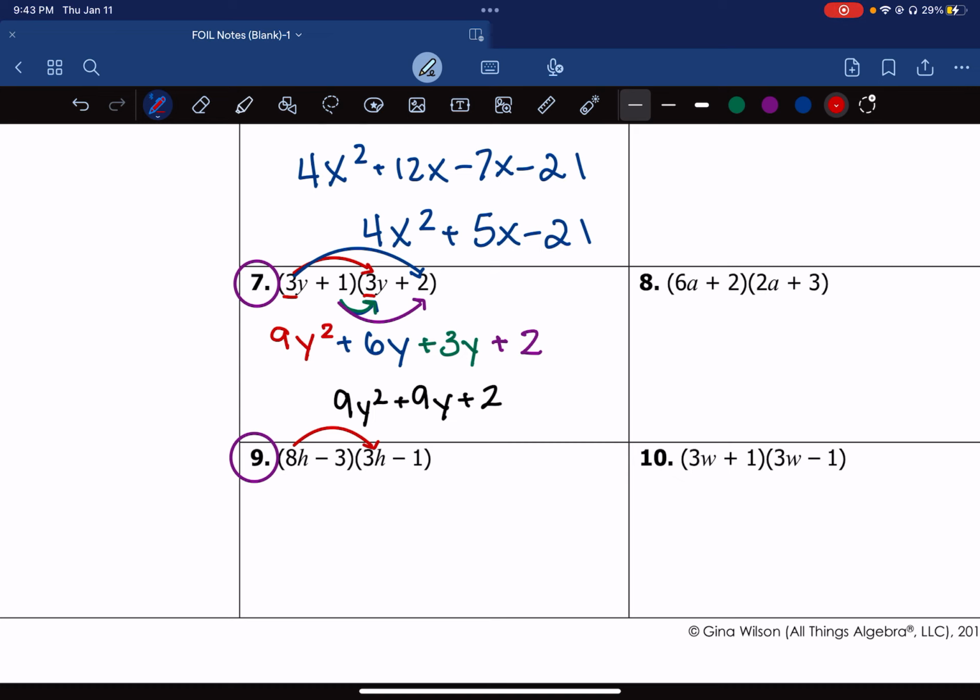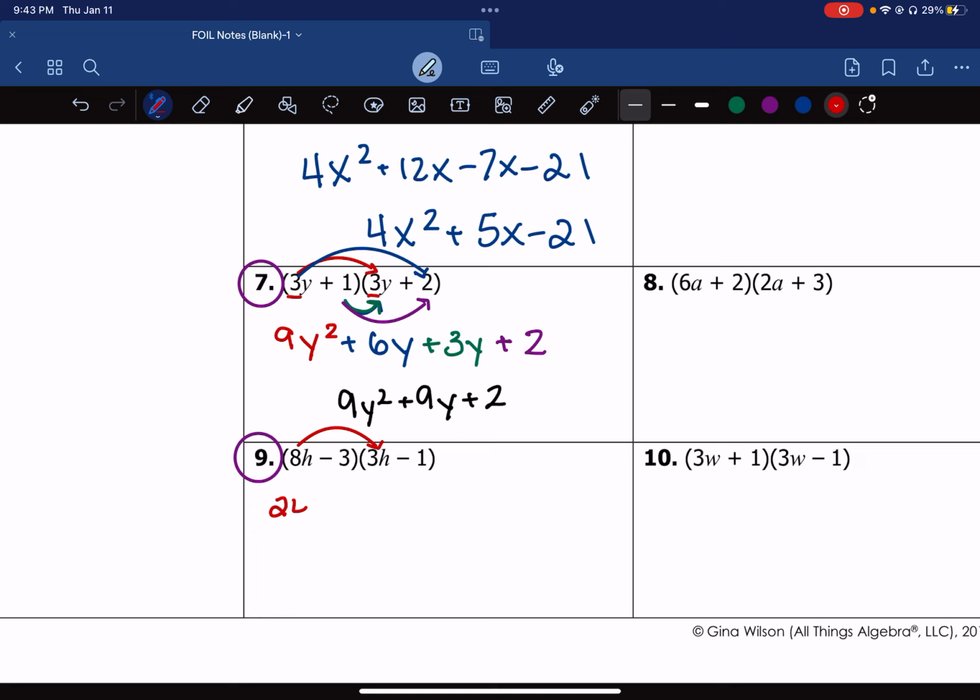So we're doing 8h times 3h, that's going to be 24h squared. Then we're going to do 8h times negative 1, so that's minus 8h. Then I have negative 3 times 3h, that's going to be minus 9h. And then I have negative 3 times negative 1, which is going to be plus 3.